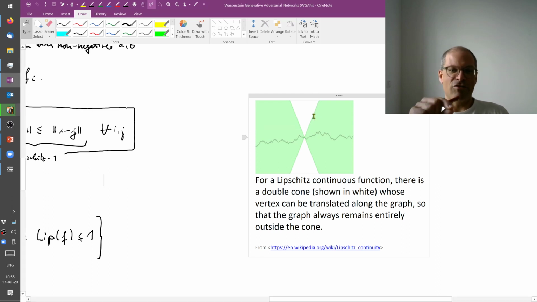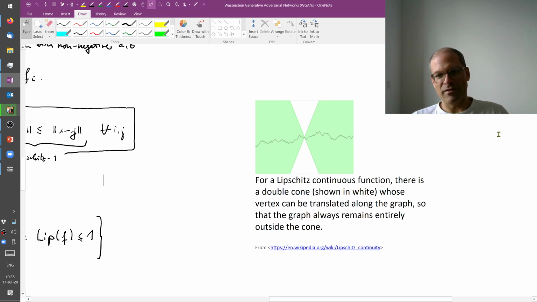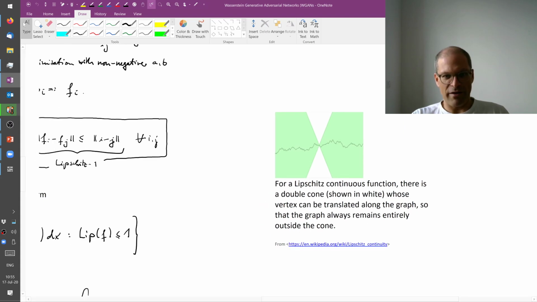And if I can translate this cone along the function such that the rest of the function always stays in the green area, then I can say the function has Lipschitz regularity of, if the slope is 3, then it would be a Lipschitz 3 function. And I can do the same, of course, with a slope of 1.